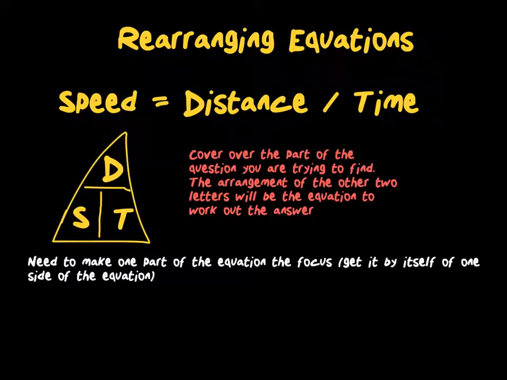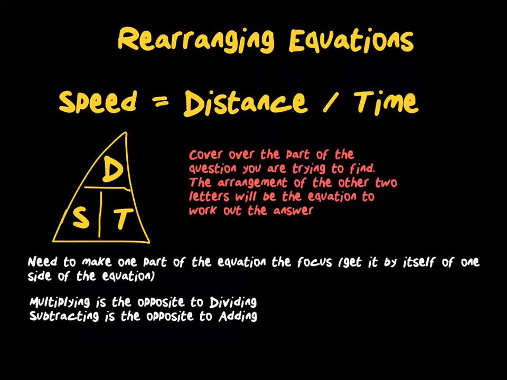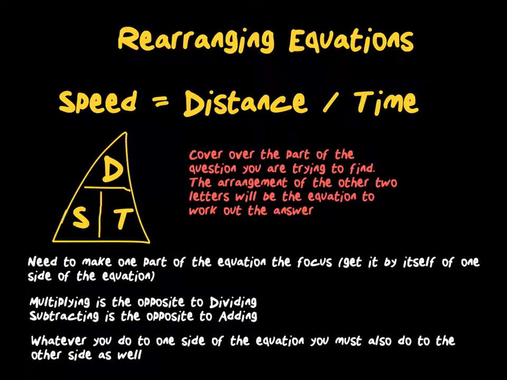In order to do this, we need to do the opposite of dividing, which is multiplying. Anything we do to one side of the equation, we must also do to the other. So to remove time from the right-hand side, we need to multiply it, which means we need to multiply time to the left-hand side, giving us speed times time equals distance, which we can then flip round to distance equals speed times time.